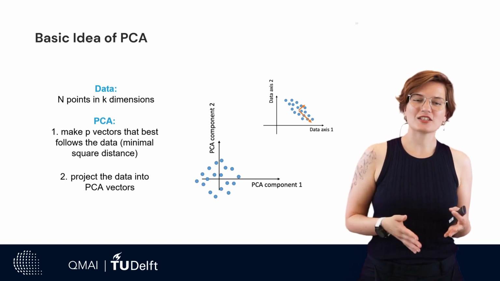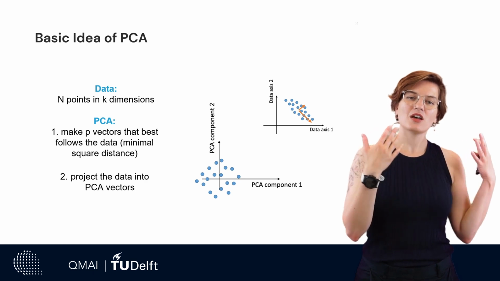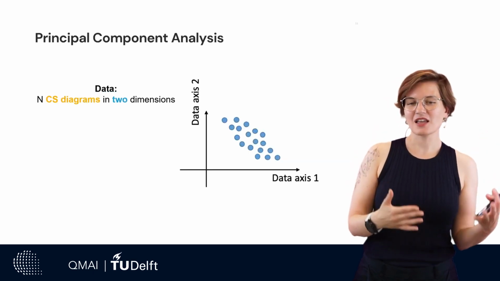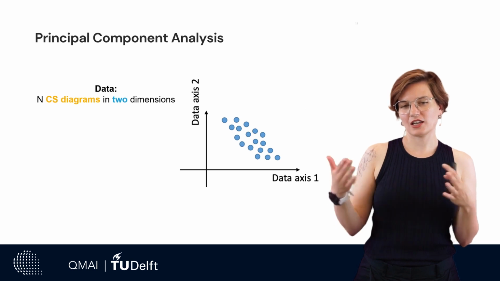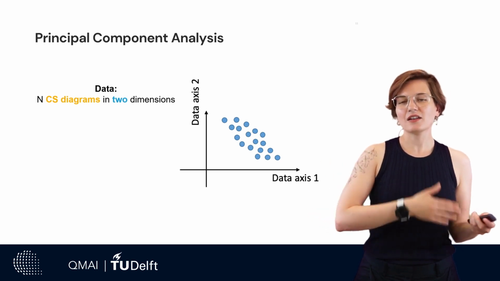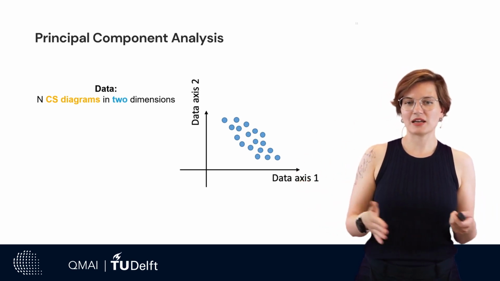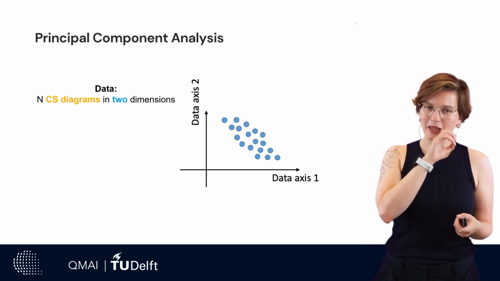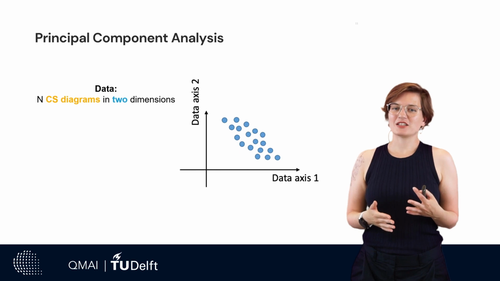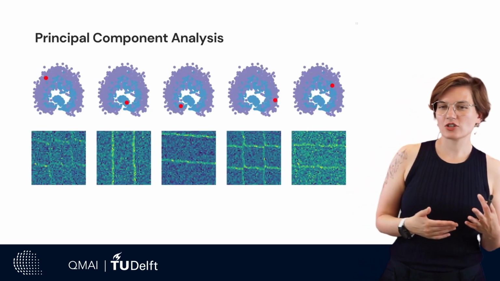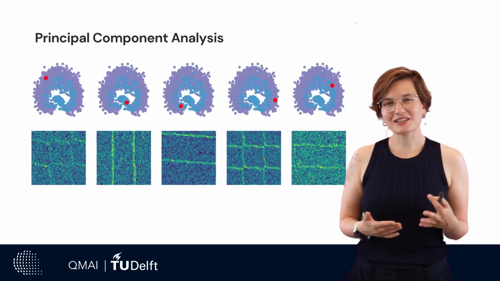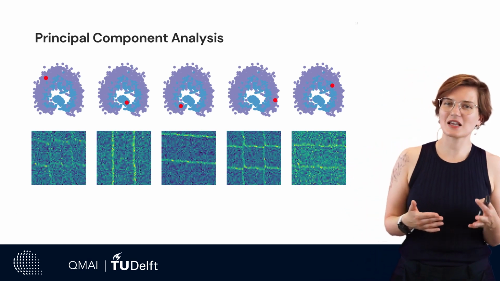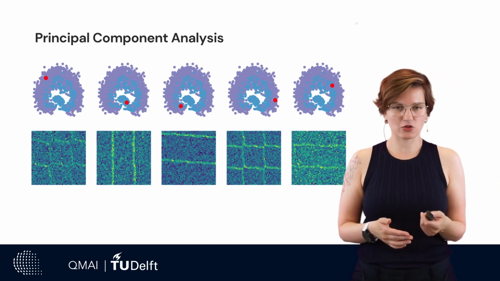For charge stability diagrams, we have a lot of measurements, and we have them already in 2 dimensions. Then the whole logic will be repeated for these 2-dimensional charge stability images. When you apply this algorithm, what you get is not super informative, but still has some interesting features that are worth looking at.